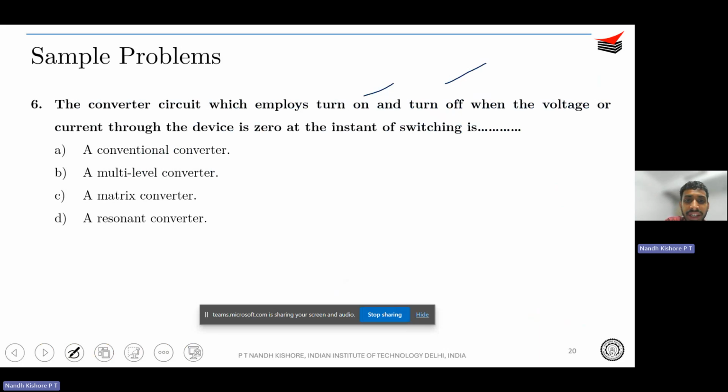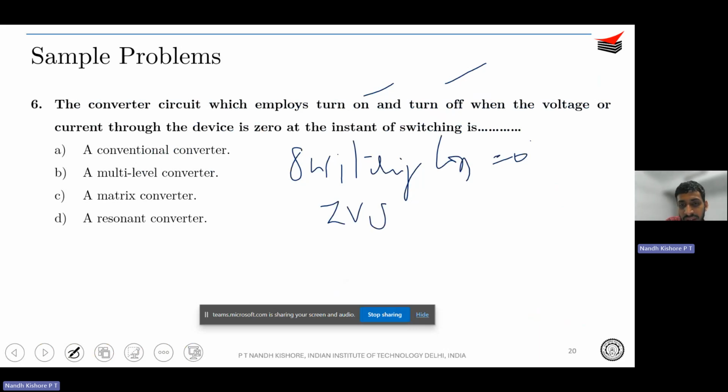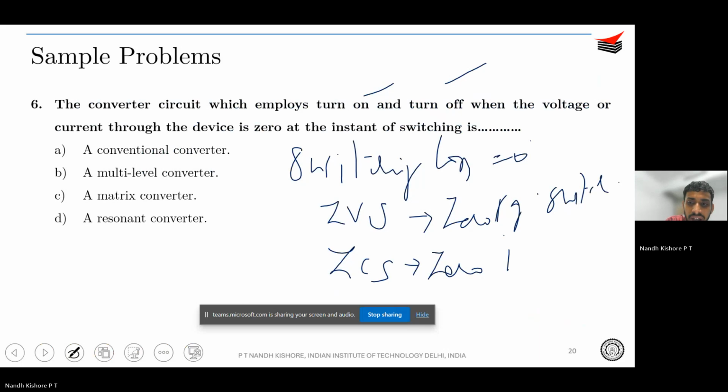It means that the switching losses are zero. That is, it will turn on at ZVS, zero voltage switching, and it will turn off at ZCS, zero current switching.